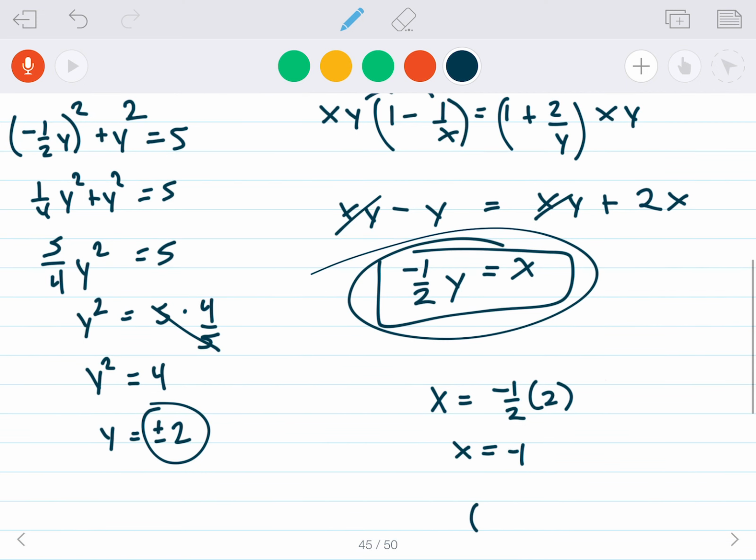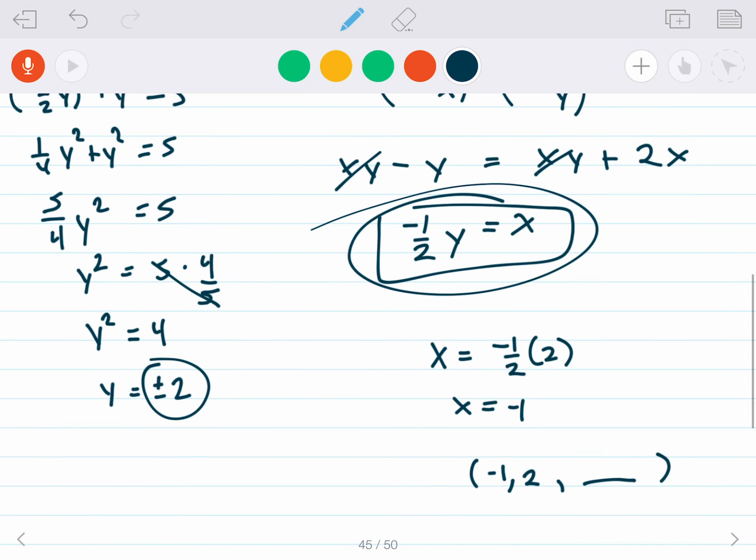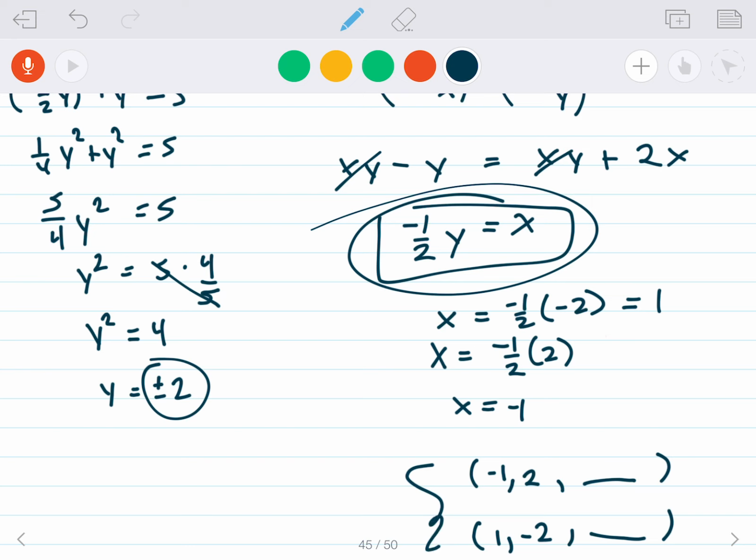So we have the point negative 1, 2, and then whatever our z value is. And in the case when y is negative 2, we get x is equal to negative 1/2 times negative 2, and that's just 1. So we had y was negative 2, x was 1, and we are looking for our z value here. So these are our critical points.